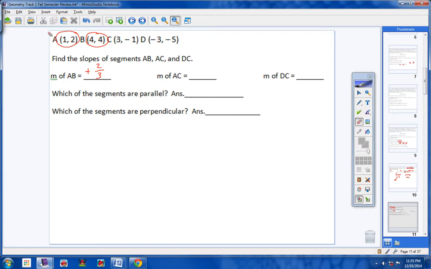Alright, next, let's find the slope of AC. So point A and point C. Here we go. Y minus y, 2 minus -1.